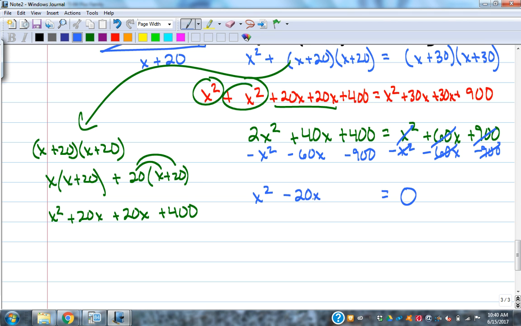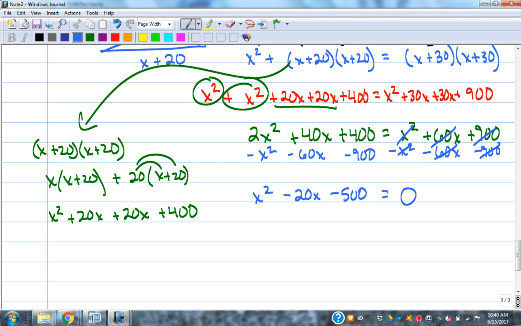Negative 20x, and then negative 500. Okay. And then I need to solve that.